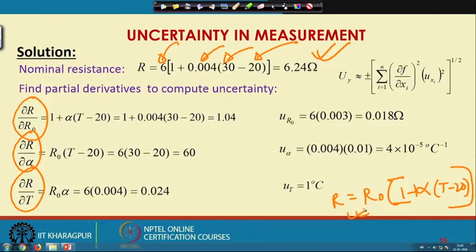So, you take del R del R0. So, del R del R0 will be this part, which is 1 plus alpha T minus 20.